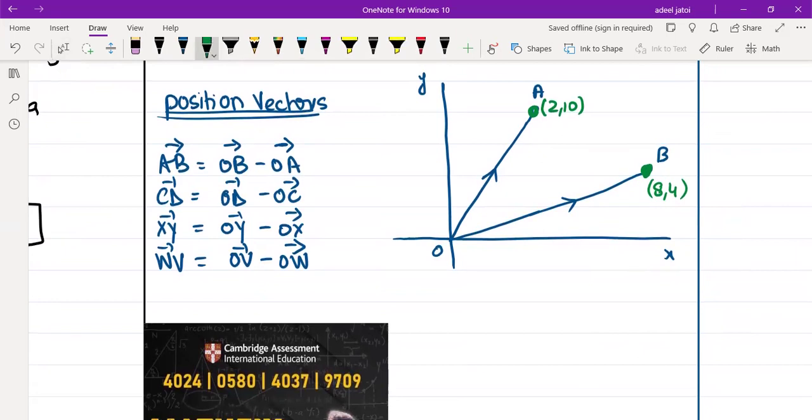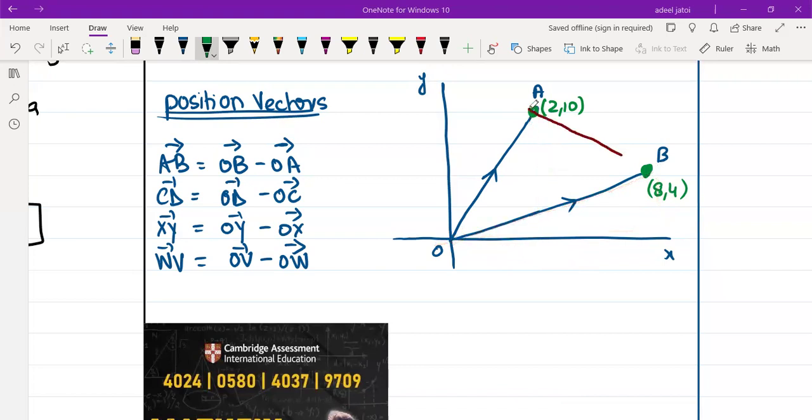What does this show? A shows change in X is 2 and change in Y is 10. B shows change in X is 8 and change in Y is 4. So for each, there is a change for each coordinate.